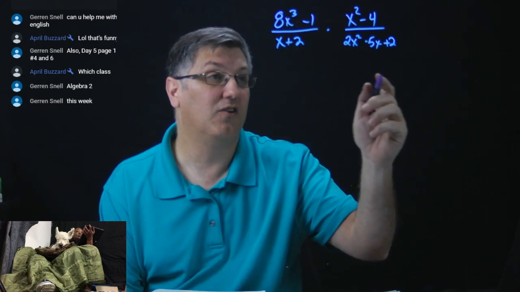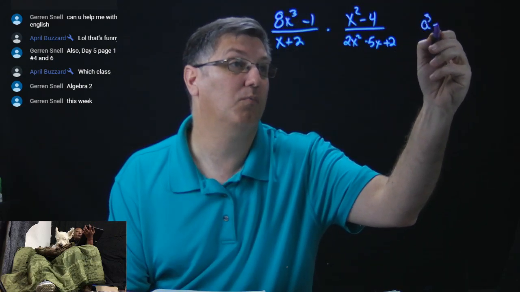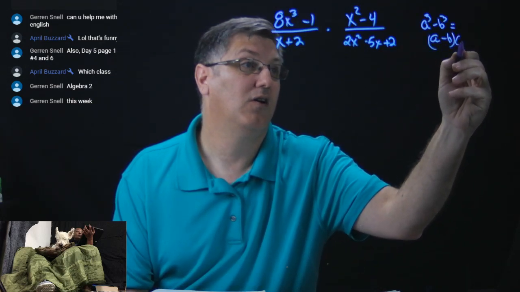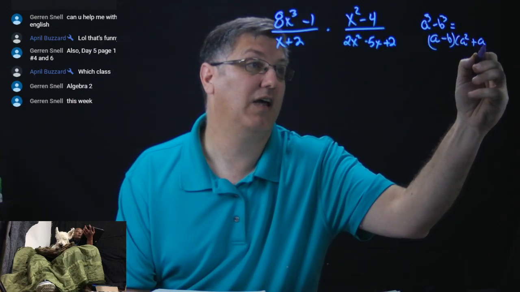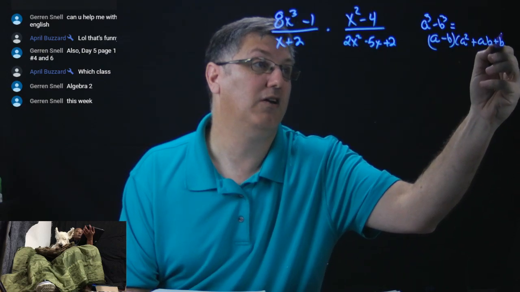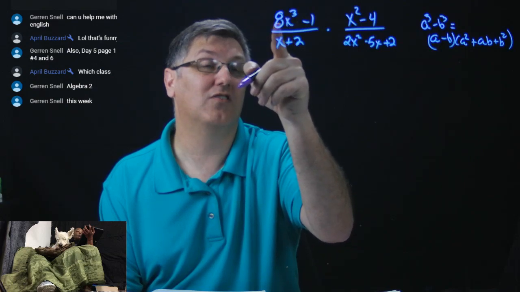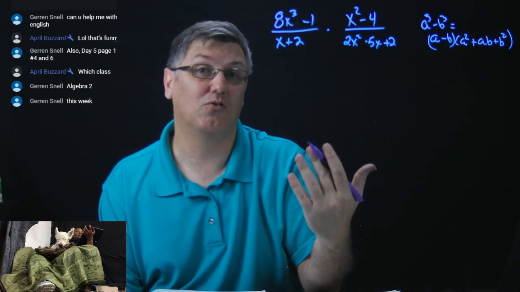This is the difference of cubes, which is a cubed minus b cubed, equal to a minus b times a squared plus ab plus b squared. It's a special factor. My a is actually 2x because this 8 is 2 times 2 times 2, so it's 2 cubed.